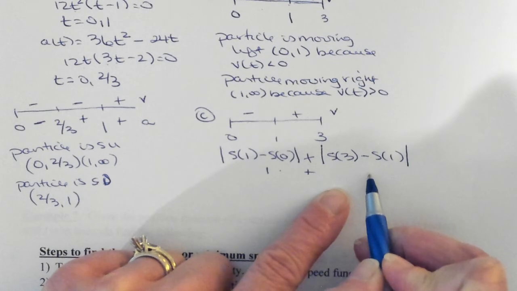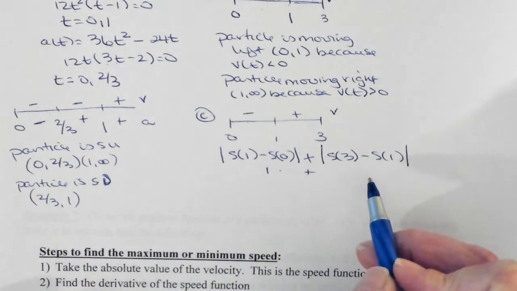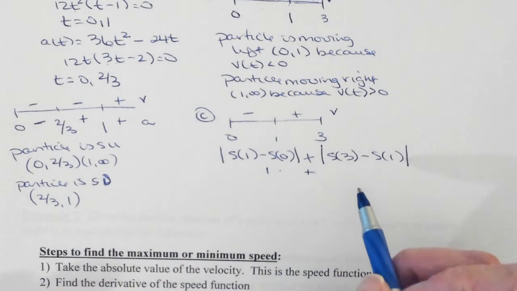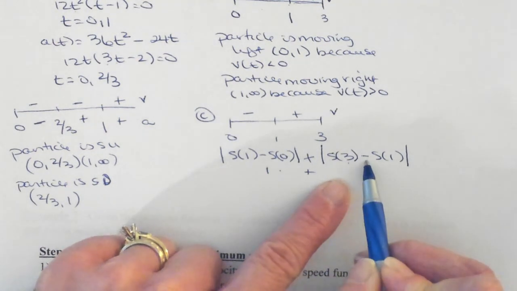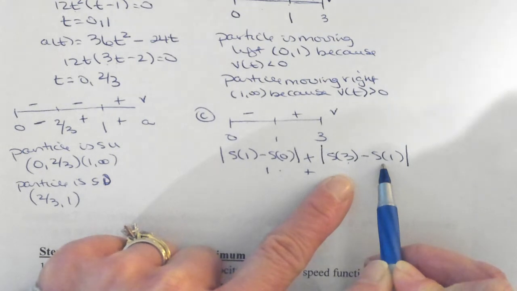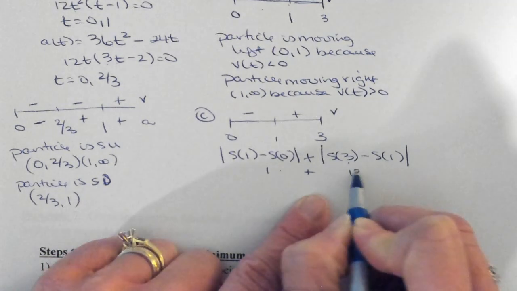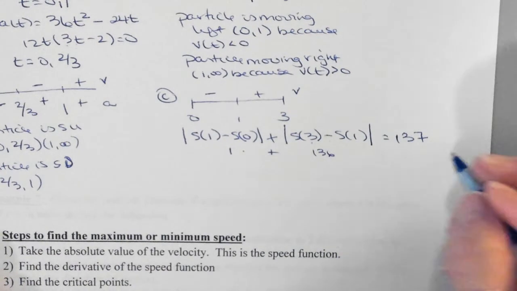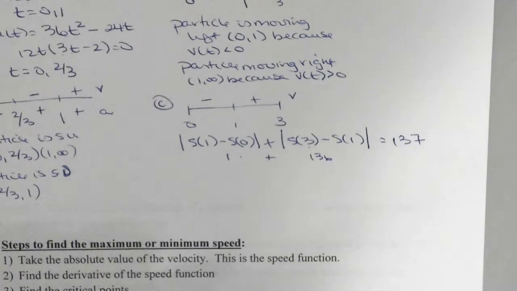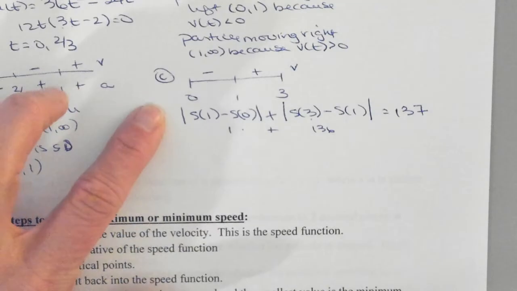It's 135 minus a negative 1, so it becomes plus, right? So this is 136. So my total distance traveled is 137. Nice, 137 units. Meters, centimeters, nanometers, whatever. Okay? Questions? This is important.